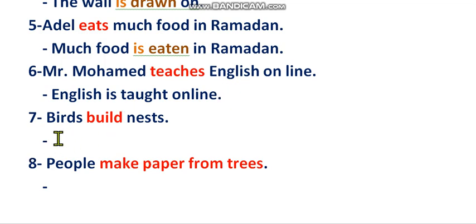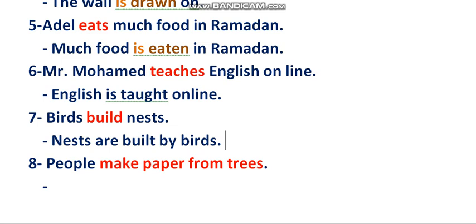Birds build nests. Of course, that's easy to find the object here. Nests, that's plural, are built by birds. People make paper from trees. So, it could be a little bit tricky.